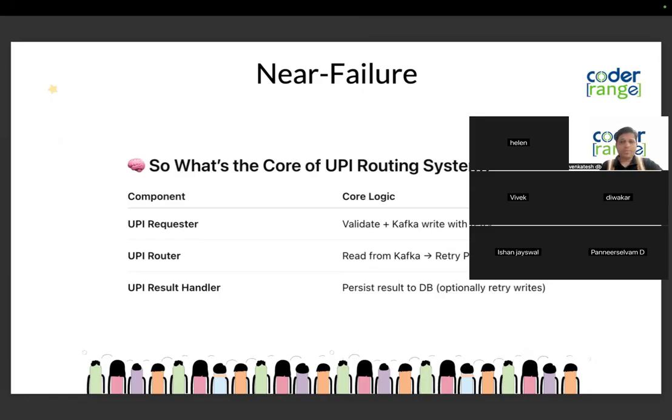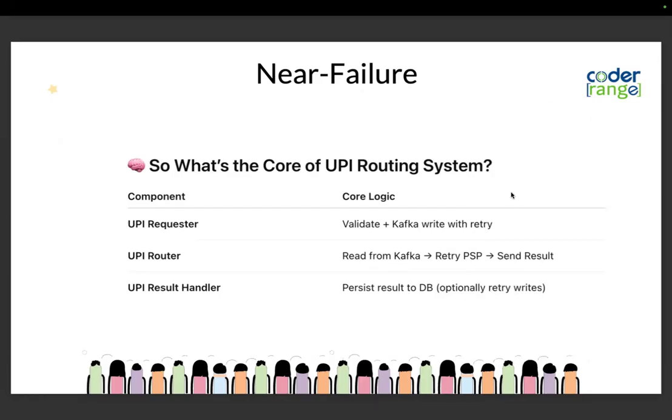Once the request is sent to the PSP, then the UPI router's job is done, right? Yes, the requester sends it to the UPI router, and its job is done. So does it also inform the UPI result handler that you can expect some response, or is it event driven? Event driven. The UPI result handler is event driven.